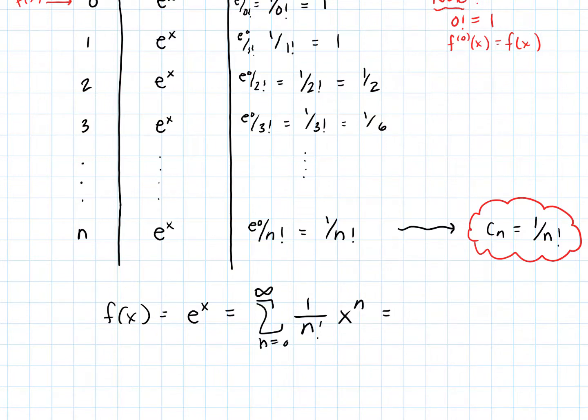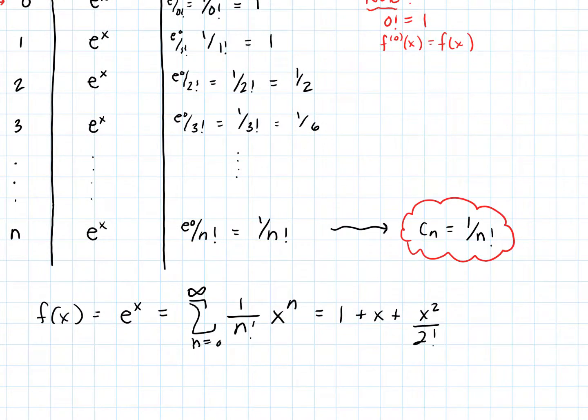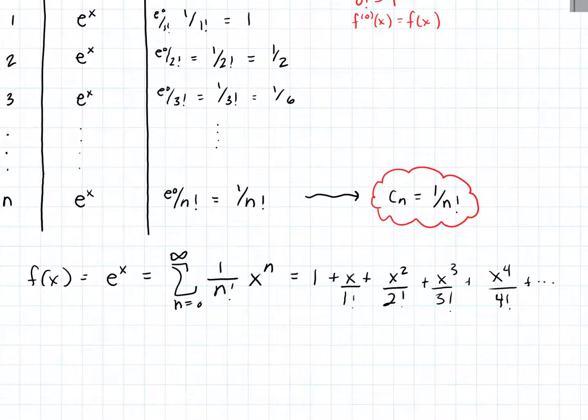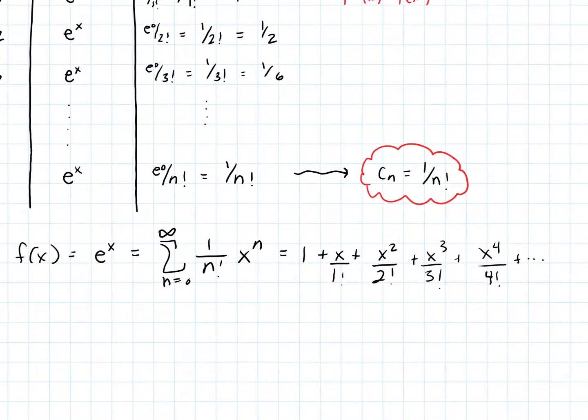And if I expand that out, that just is 1 plus x, plus x squared over 2 factorial, plus x to the 3rd over 3 factorial, plus x to the 4th over 4 factorial, and so on. Right? That is my exponential expansion.